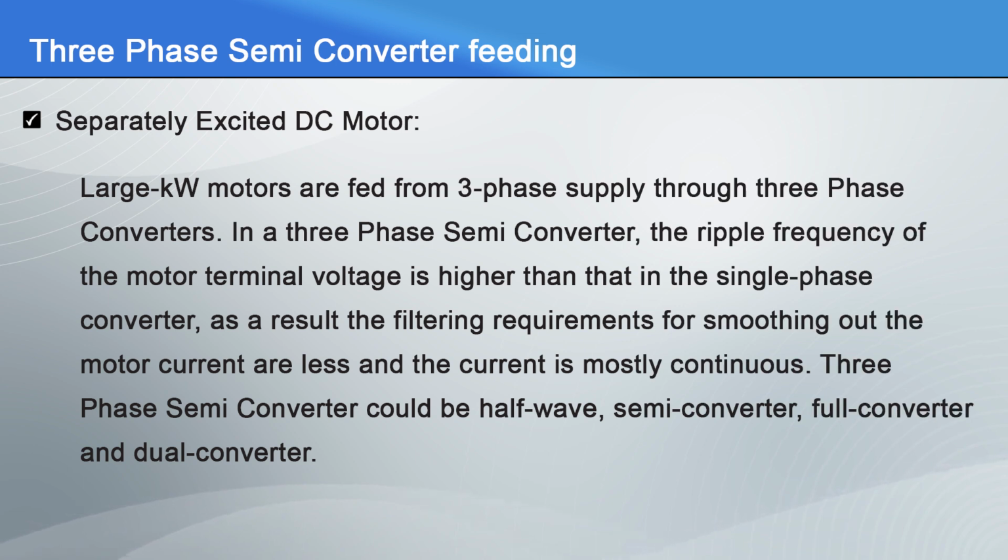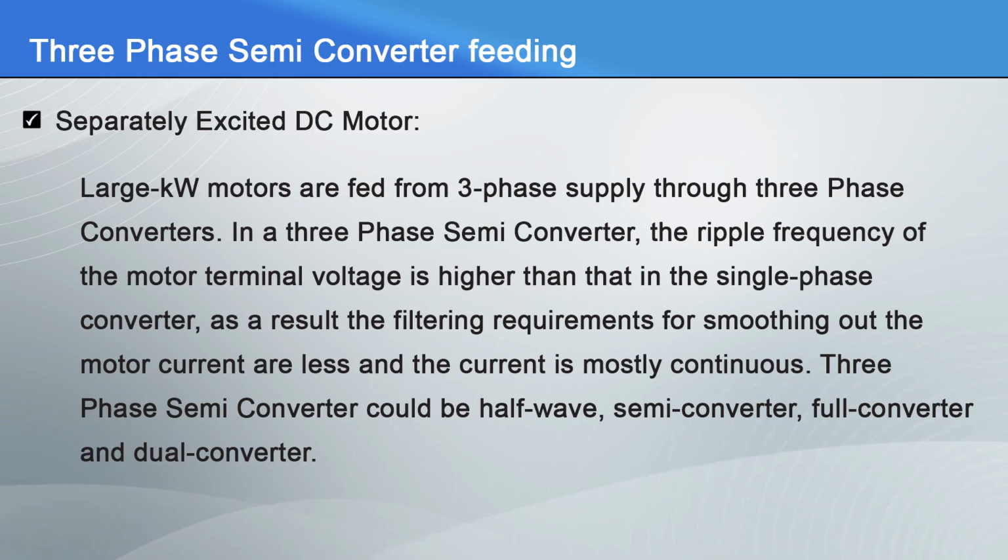Large kilowatt motors are fed from 3-phase supply through a 3-phase converter. In a 3-phase semi converter, the ripple frequency of the motor terminal voltage is higher than that in the single phase converter.